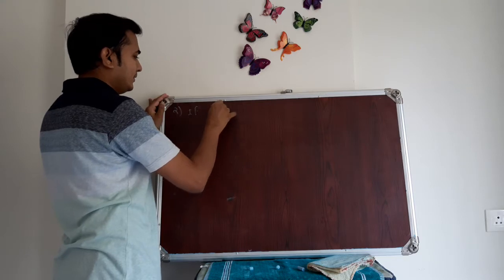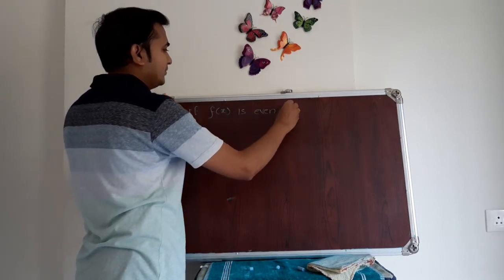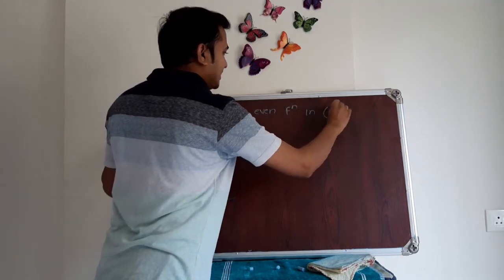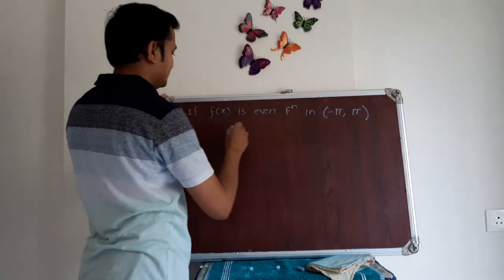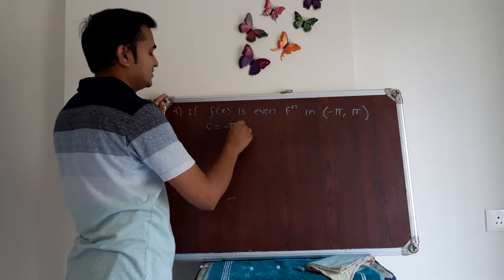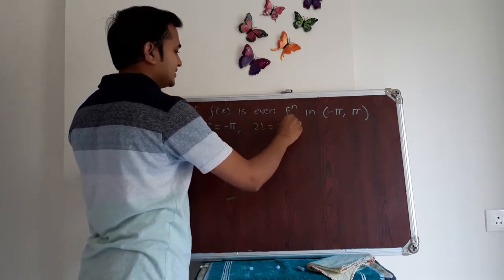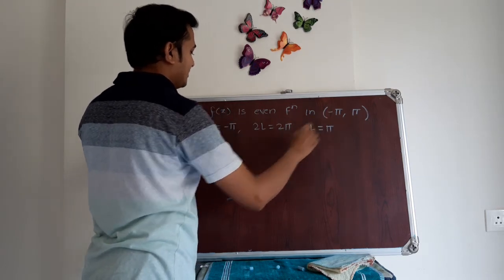if f of x is an even function in minus pi to pi, so c is minus pi, 2l is 2 pi, so l becomes pi.